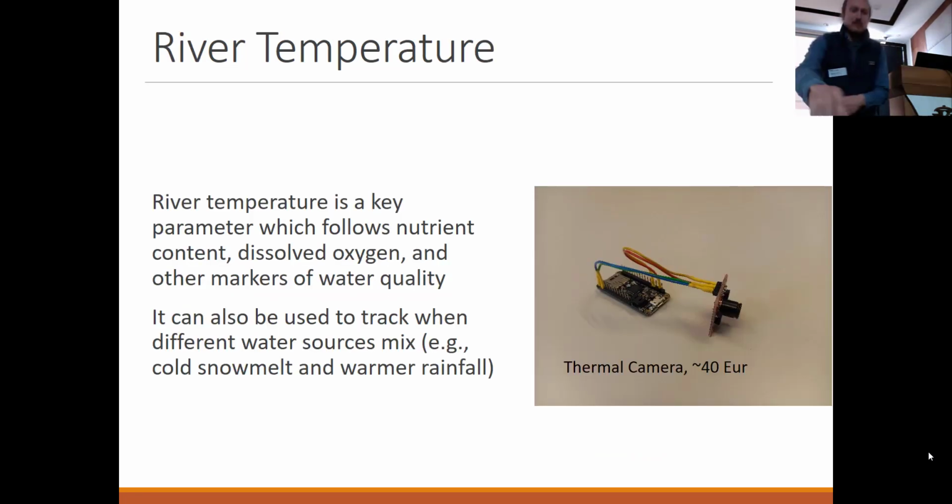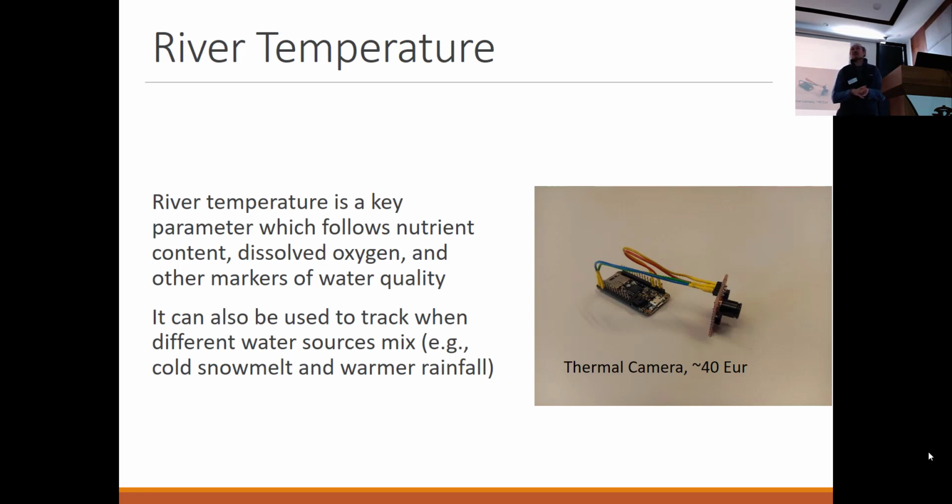The other one that I was passing around here, this little loose sky here, is measuring river temperature. River temperature is quite important for monitoring dissolved oxygen and nutrient content, and it correlates with a lot of different water quality indices. And in our hope, one of the plans is to use it to track when the source of the water changes.